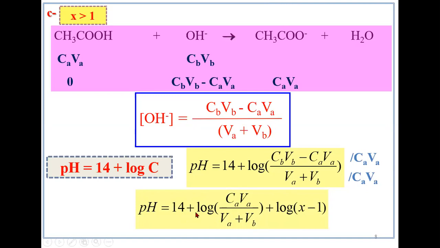So this will be 14 plus log of CAVA divided by total volume plus log of x, because if you do that, that would be x minus 1, right? Well, the question was asking for some derivation of pH in terms of that x value where we don't have volumes. Clear, there's never a need for use of this equation. It's more complicated than the use of the other equation.